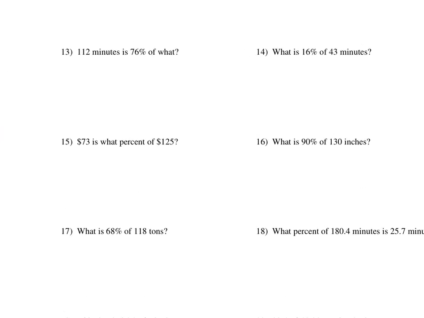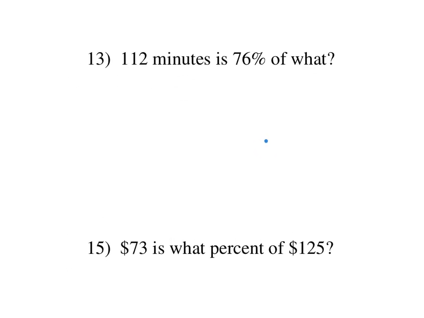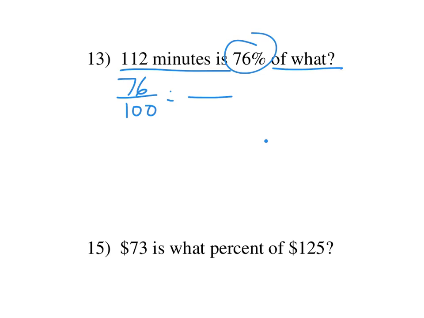Here we go to the next page. Okay, I'm going to zip through these ones. 76%. 76 over 100. 12 minutes is of what? We don't know the what. So I'm going to put the X there. That means that 12 is, that goes on top. I'm just going to go through the setups of these because I think you know how to solve these.